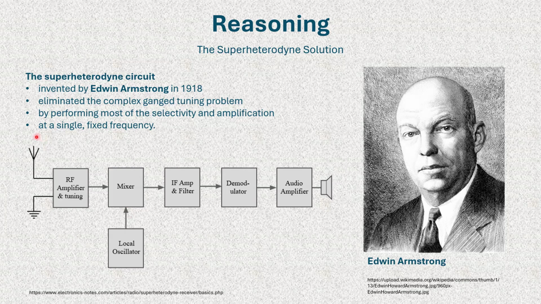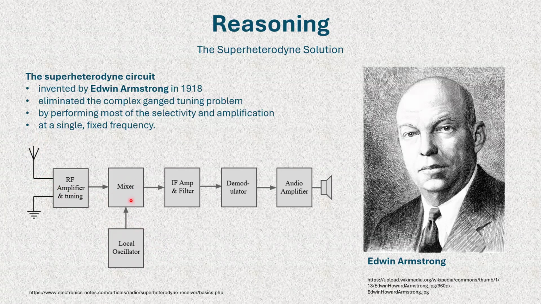So what do we have here? Forget this little square here for a couple of seconds. We have the tuning to whatever the station is being broadcast over the air. Among other ones, we want to tune to that specific one. So we tune that first RF amplifier to that one.